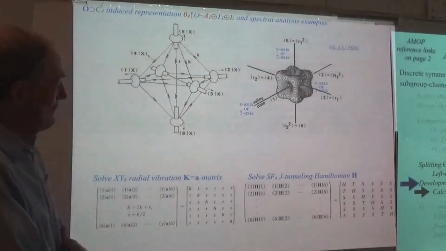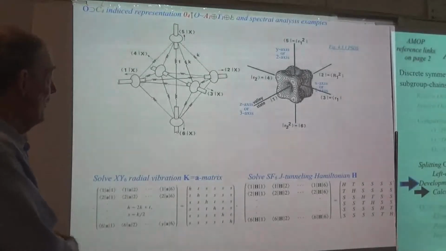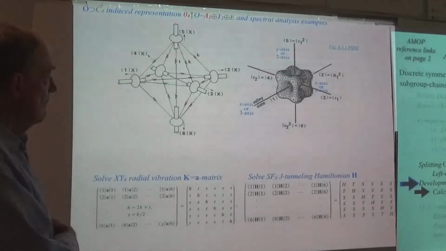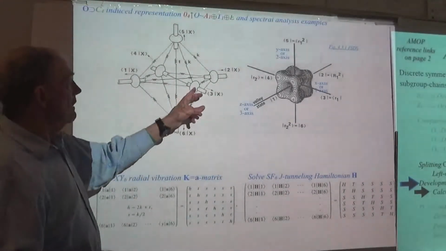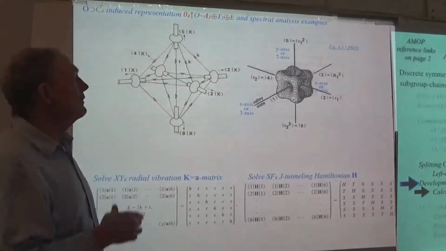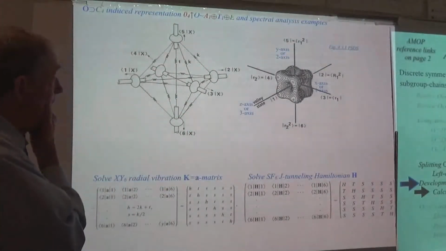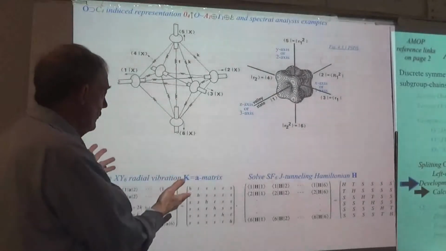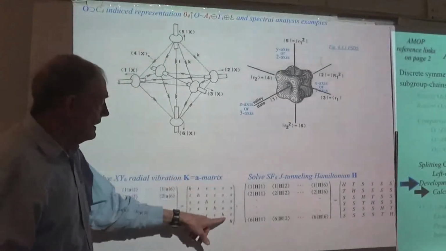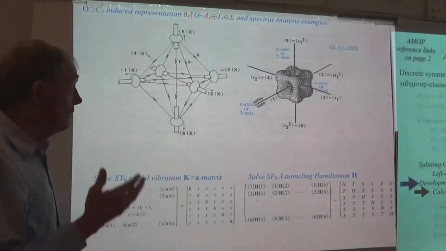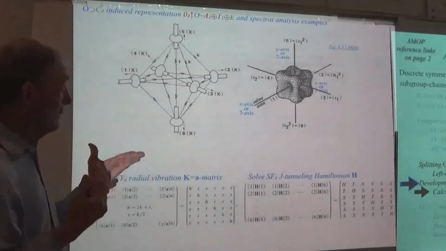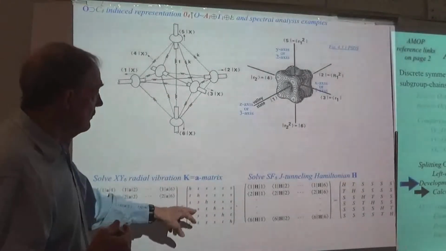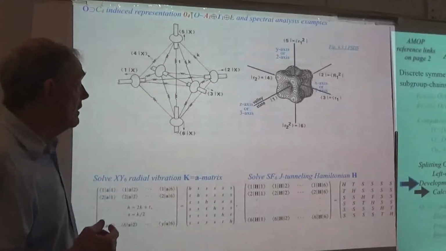This is a 6-dimensional problem if I am restricting all of the vibrational motion to radial. And this is quite analogous. This is the spring K matrix right here, or if you want to call it acceleration matrix, because I've divided the mass into these coefficients, so that's what it really is.